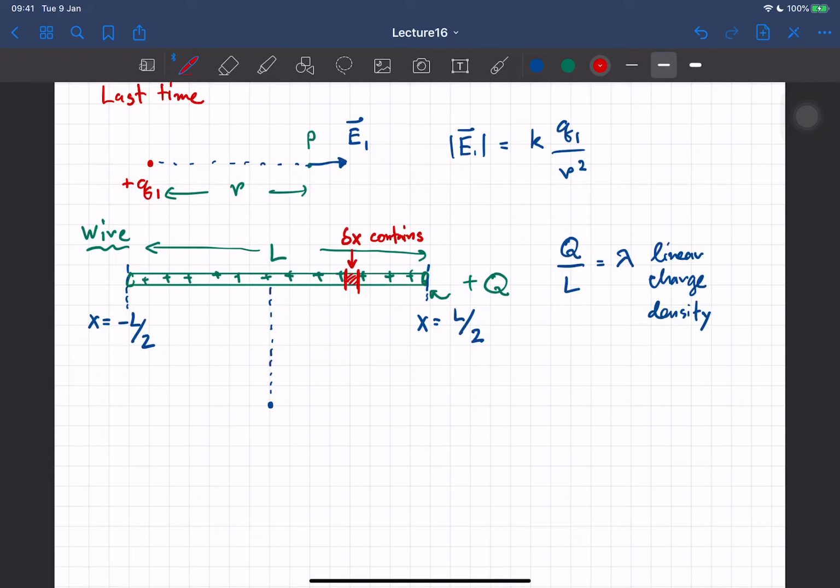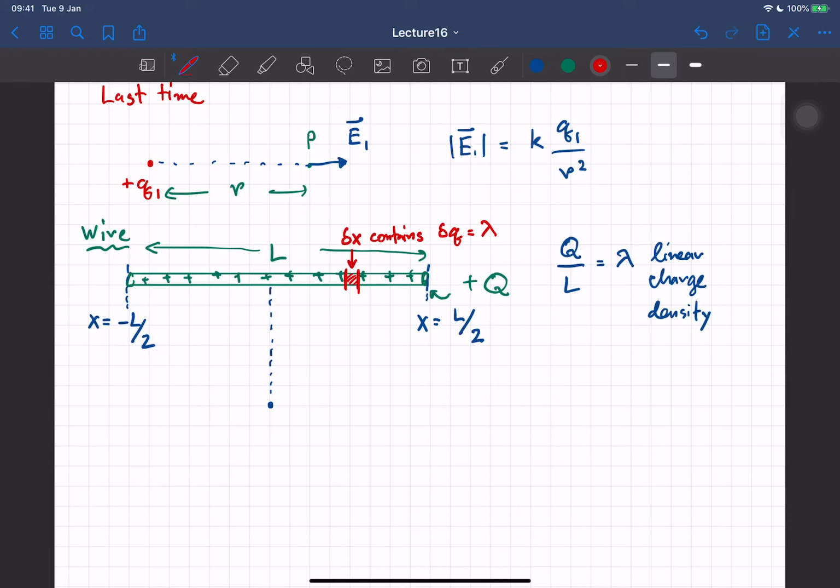I call it delta Q. And delta Q is equal to the charge density, which is Q over L.